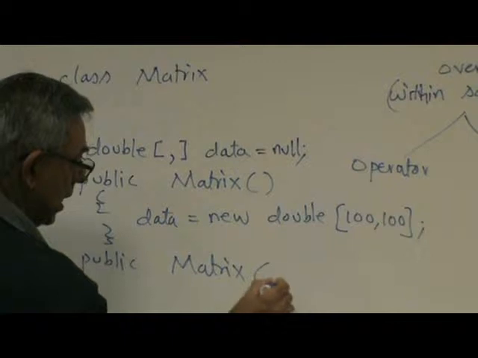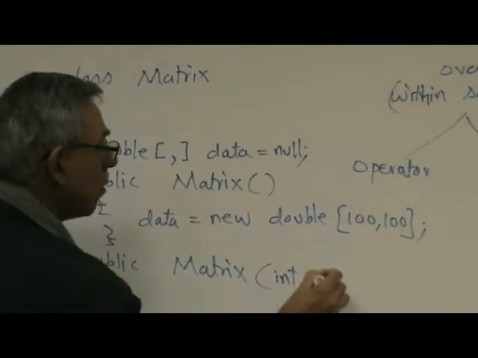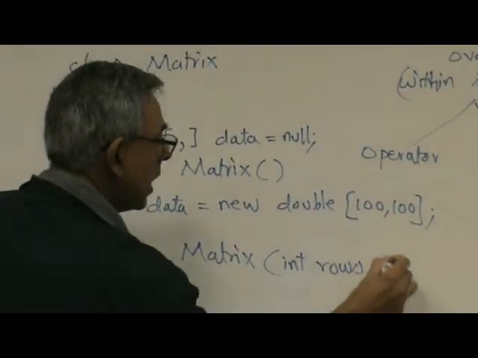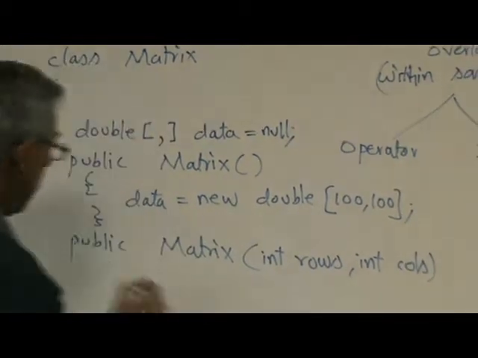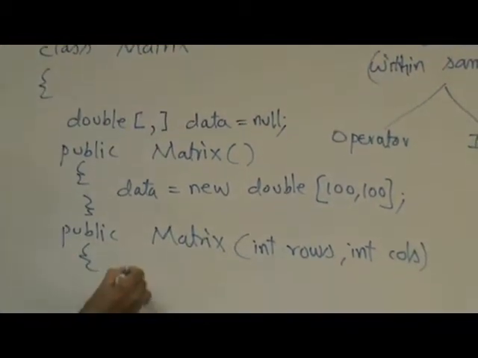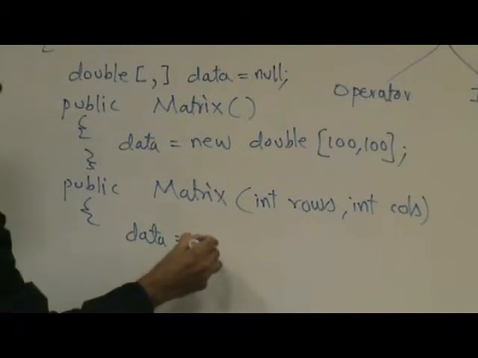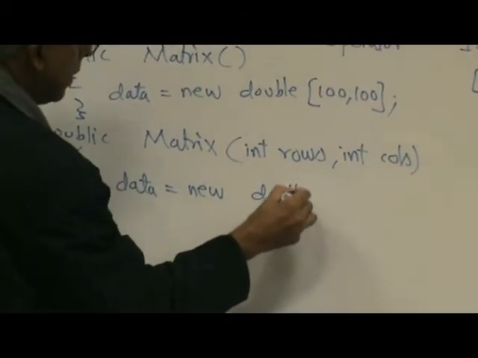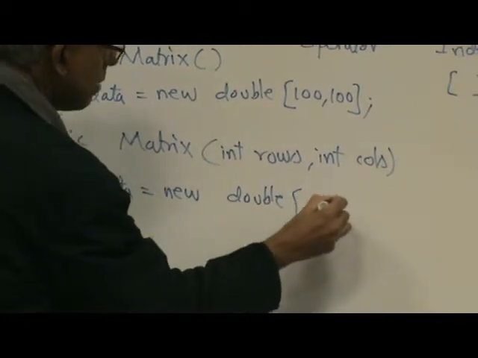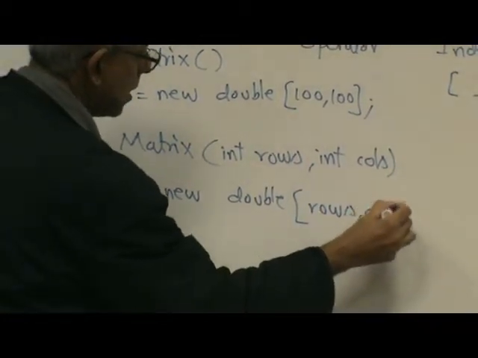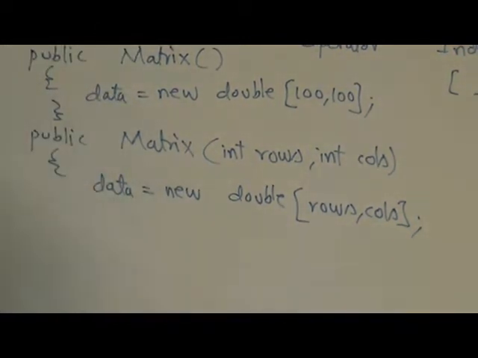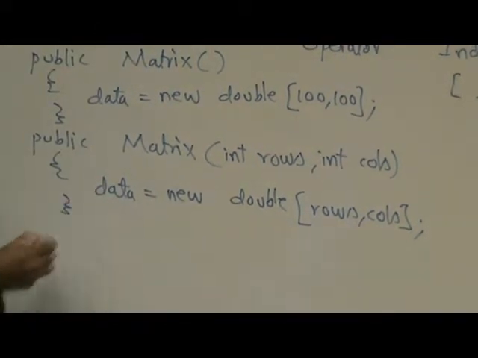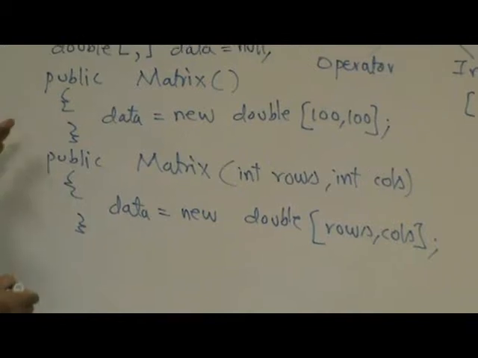We can say int rows, int columns, okay? And we can say data equal to new double of rows comma columns, correct? Okay, so this would be one way of writing it, right?